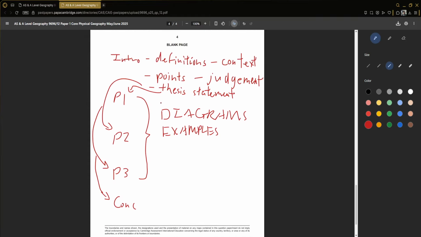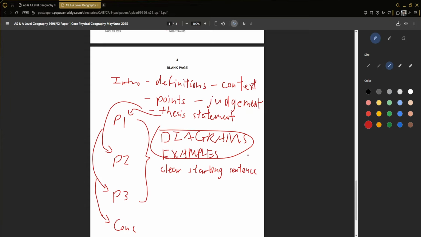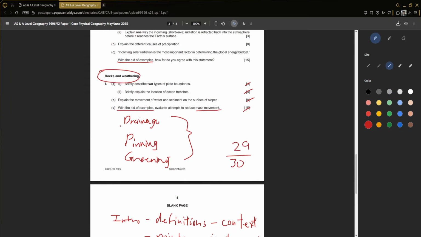So these are the things you have to keep in mind, but how do you actually write your main body paragraph? Well, you have to have a starting sentence. So your starting sentence must be clear, and it has to be clear on what you're going to talk about. So if your paragraph is on drainage, then talk about drainage.